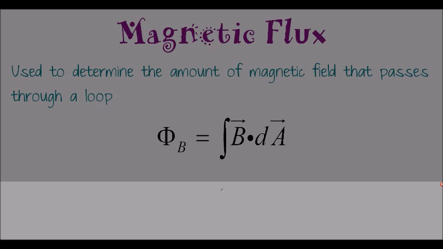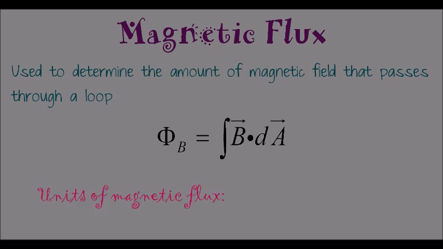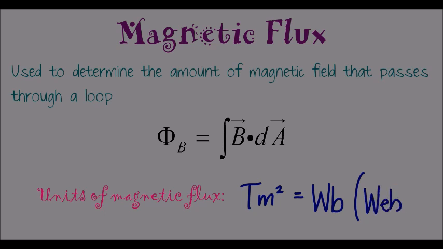Now, thinking about the units for this, we know that magnetic field is measured in Teslas, and we know that area is typically in meters squared. But a Tesla meter squared is not the unit we use for magnetic flux. Instead, we use the unit Weber, which is signified by a Wb.